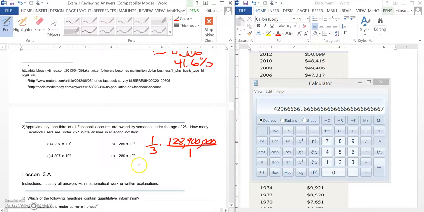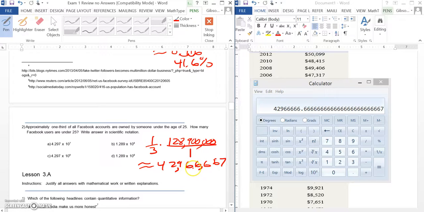We'll round to the nearest whole number. So this gives us 42,966,667.